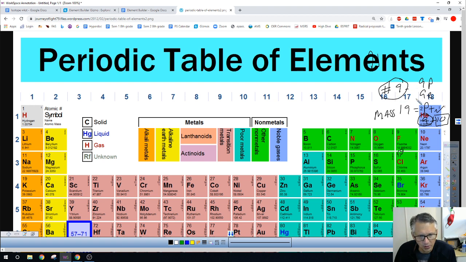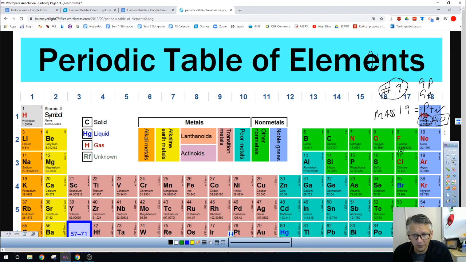But the number of protons never changes. So when we talk about isotopes, it is the neutrons that are going to change. Some isotopes are naturally occurring, and they're considered stable, which means they'll stay that way for some time. Sometimes they don't. They'll break down right away.